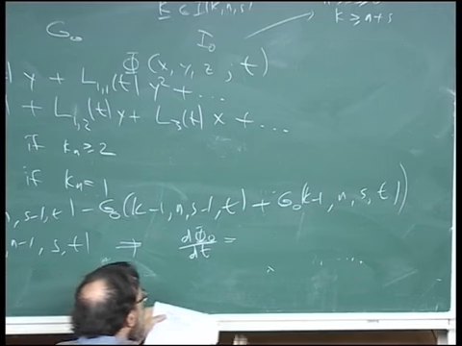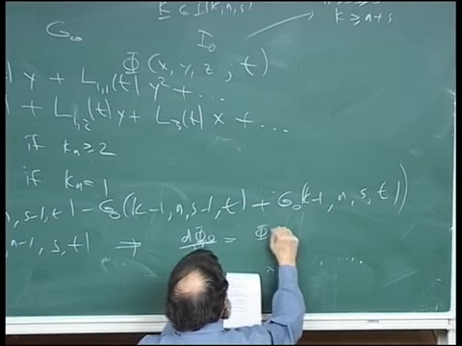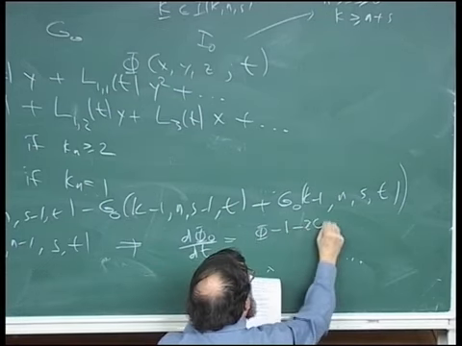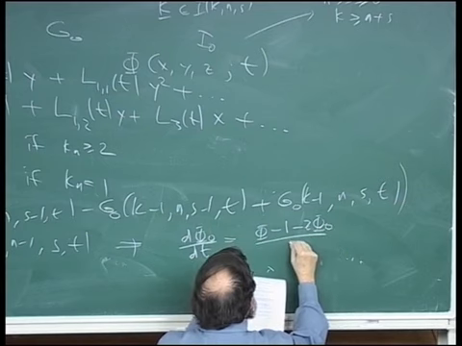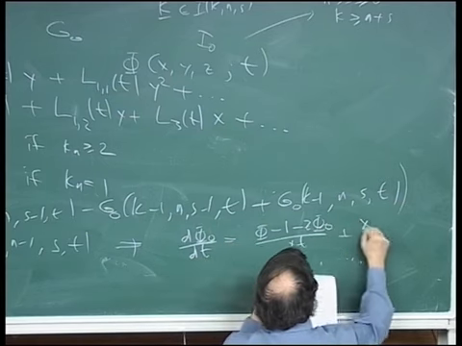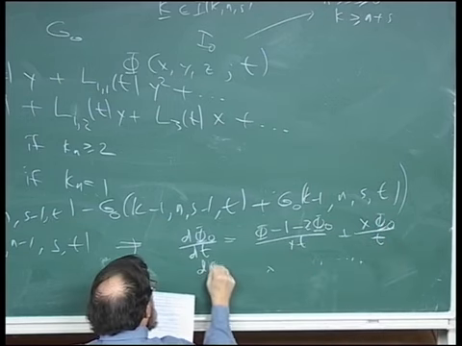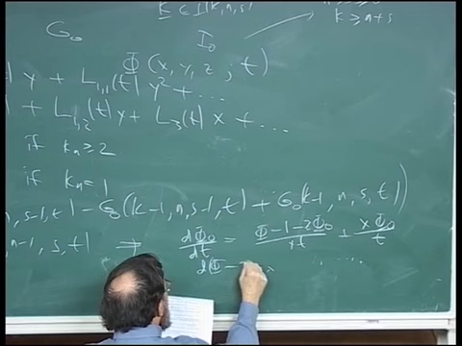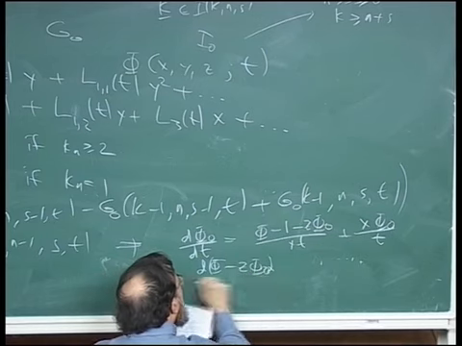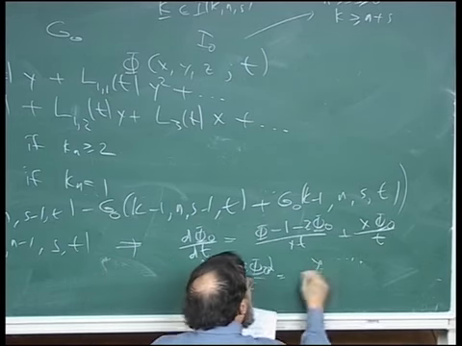The derivative of phi 0 in t is phi minus 1 minus z phi 0 divided by yt plus x phi 0 over t. And the derivative of phi minus z phi 0 by dt is y over 1 minus t phi.